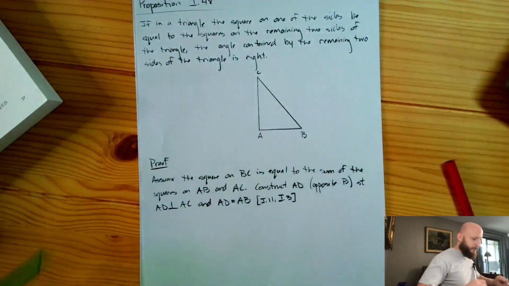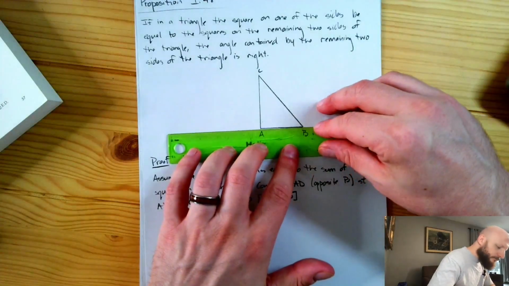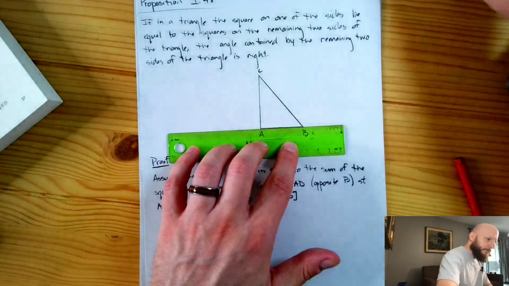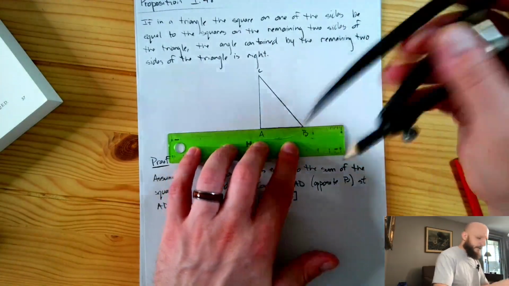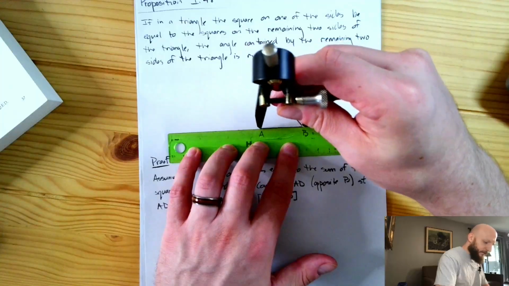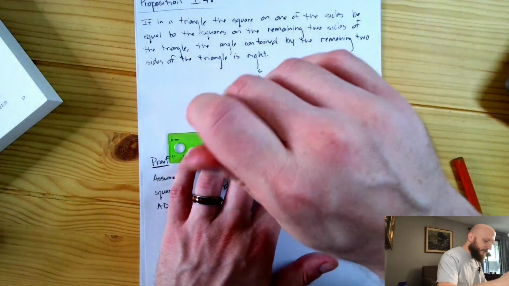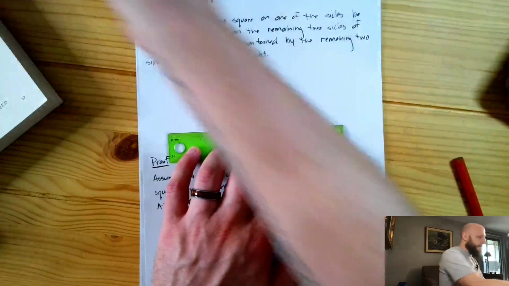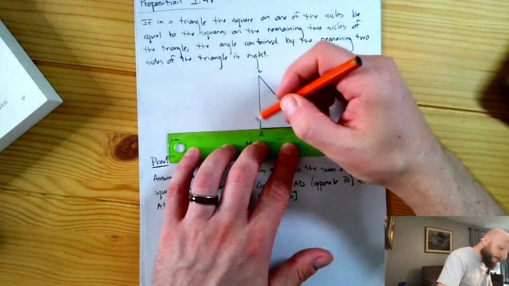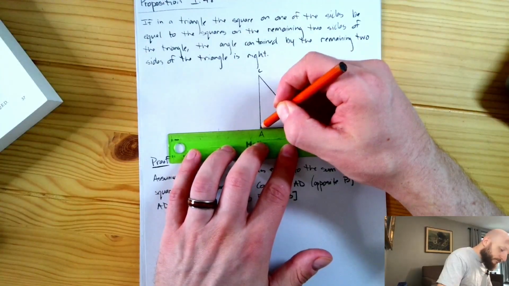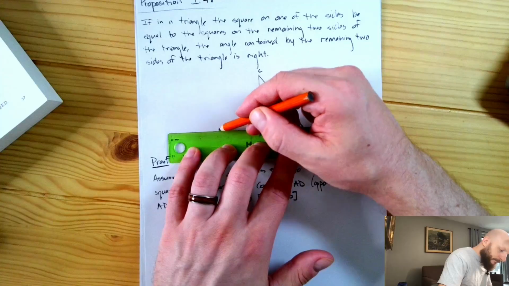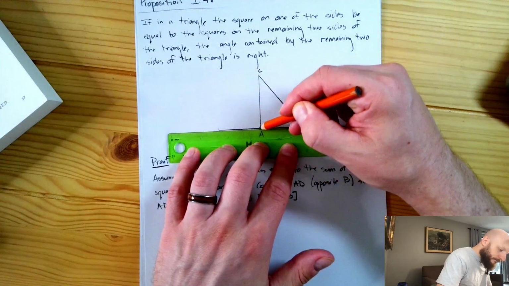Okay, so we'll do that. I already set my compass to be equal to AB, so I'll just make a little point here to indicate where it should come out to. There.